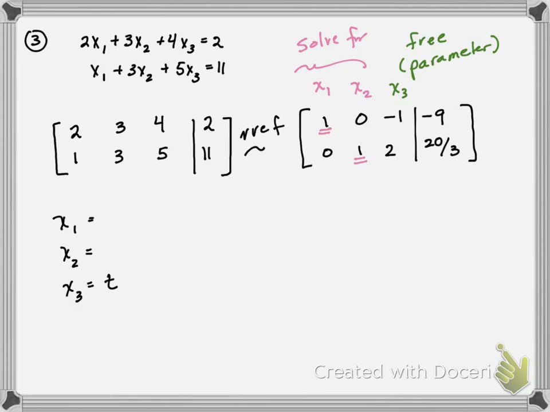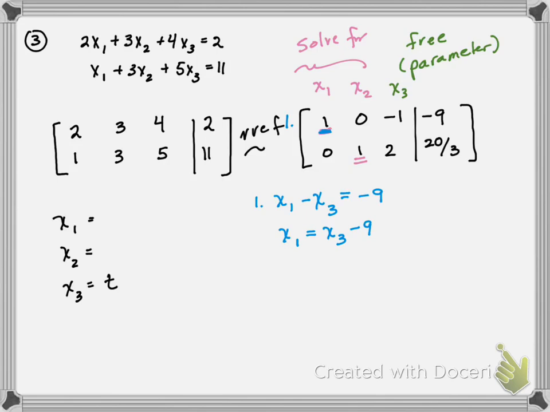All right, now let's write what the other two equations would be from each row. If I take row 1, row 1 gives me 1x1, no x2, minus x3 equals -9. Solving for x1, we have this pivot here, so x1 equals x3 minus 9.